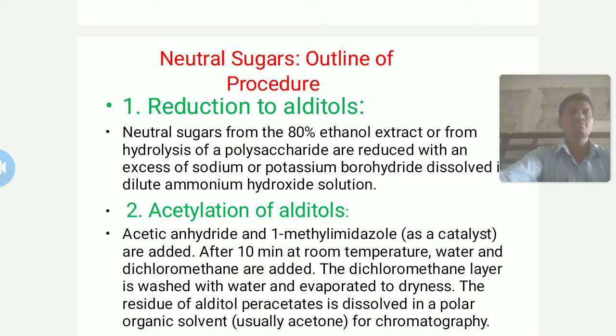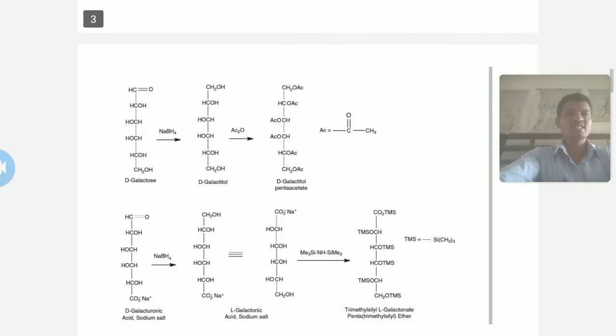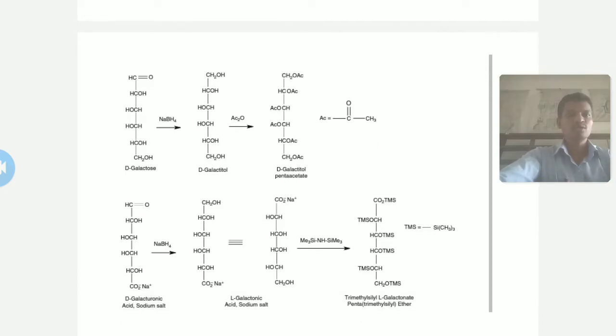These are reduced with an excess of sodium or potassium borohydride, NaBH4 or KBH4, which is the best reducing agent for the aldehyde functional group. It is dissolved in dilute ammonium hydroxide solution. The reaction is shown here. At the top, D-galactose has a free aldehyde group at the first carbon atom, CHO.